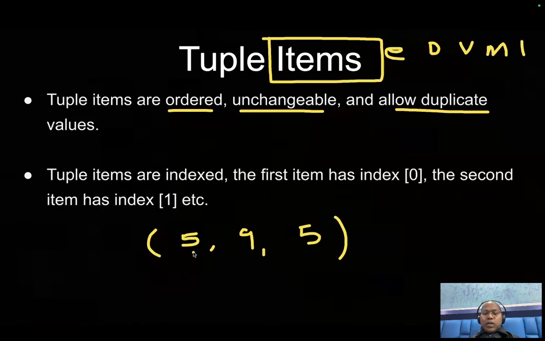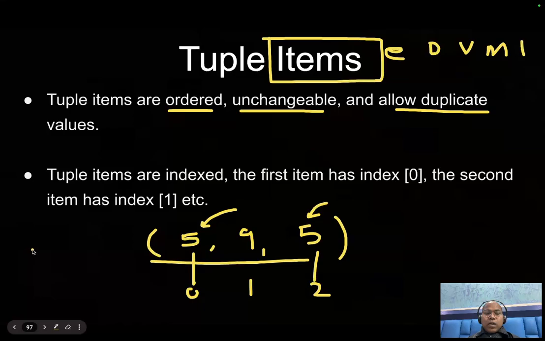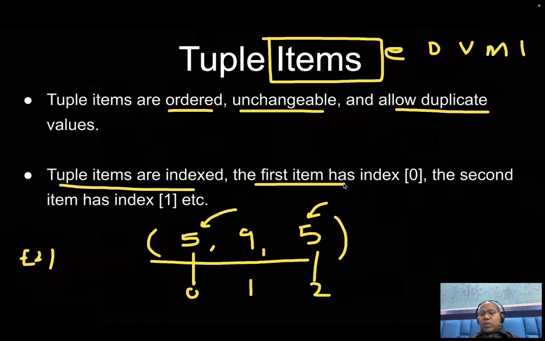That means duplicates are allowed, and they maintain the order. If you want to access this 5 or this 5, they have an index: this is index 0, this is index 1, this is index 2. If you access tuple index 2, then this 5 will be returned. Tuples are indexed, the first element starts from 0 and then the next one.